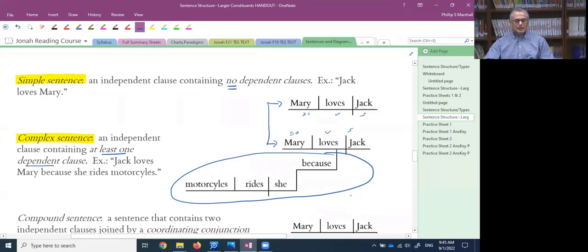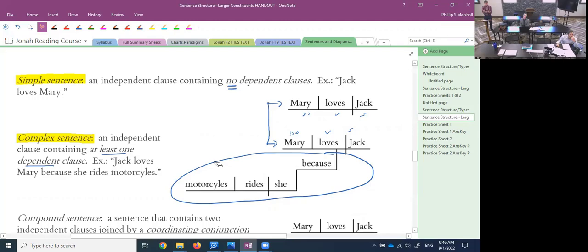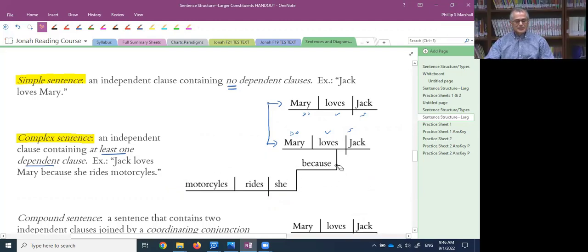And that dependent clause gives me the reason that Jack loves Mary. And that comes in the form of because she rides motorcycles. Now, where did I hang the dependent clause off of the main clause? Under the verb. Yes, it hangs off the verb. Why? Because it's explaining the reason for the love. That is, it is adverbial.